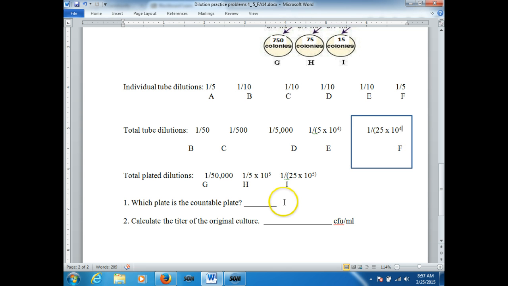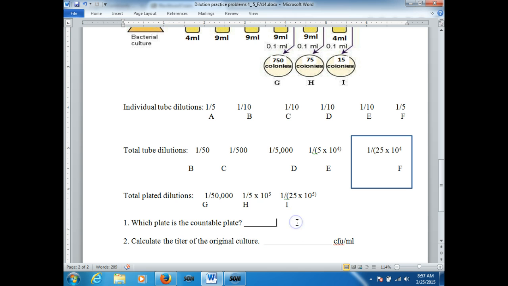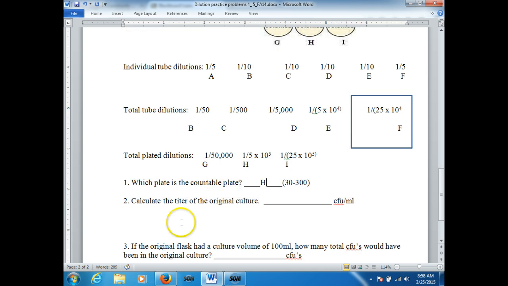Okay, so moving on. Countable plate. Remember, what's our range? 30 to 300. So which one falls in that range? H, right? And so that one is 75. We need that colony count to figure out our concentration.